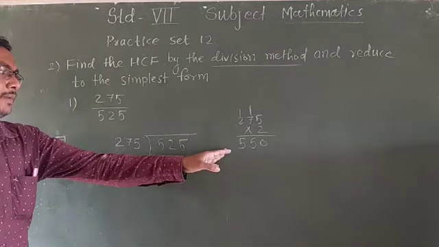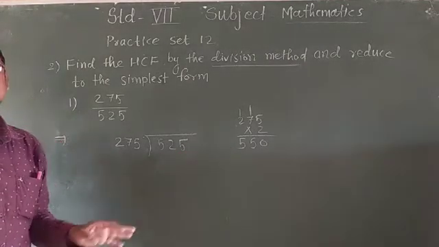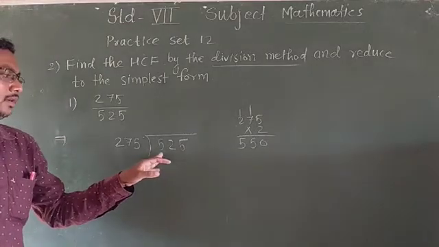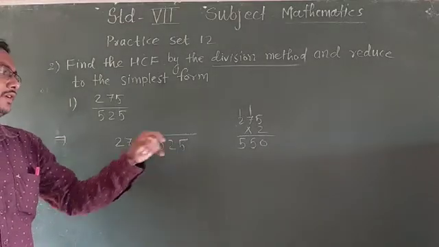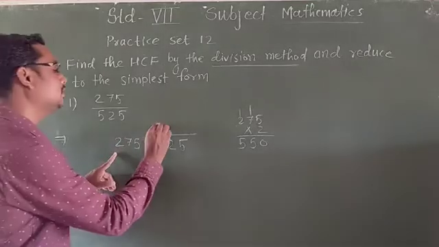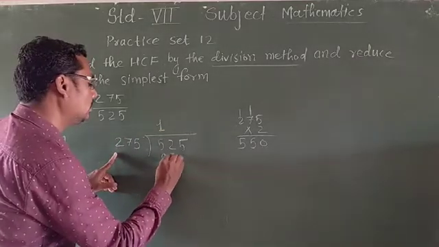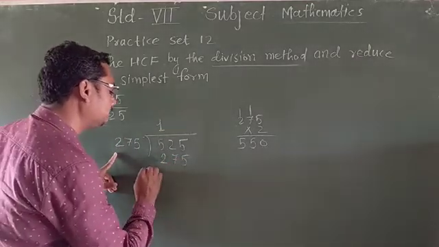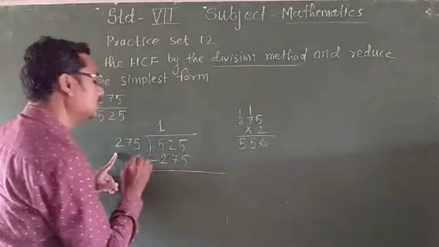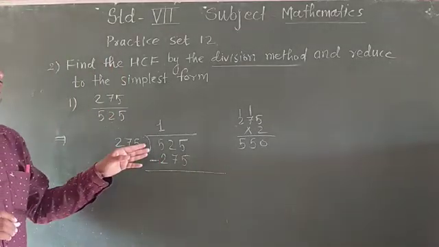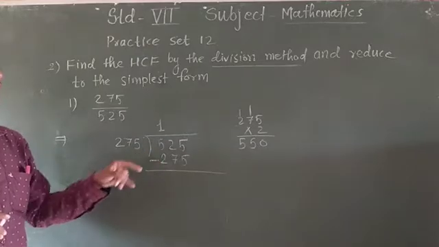After multiplying by 2 we get 550, but our number is 525, so it is not divisible. So 275 times 1 is 275. Now subtract 275 from 525.